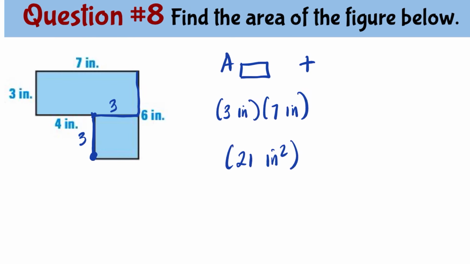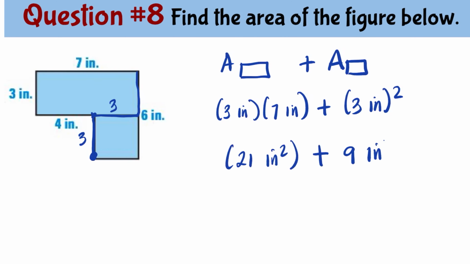That's why the remaining is 3. So it is a square. And to calculate for the area of a square, we can just do side to the second power. So that is 3 times 3. And that gives us 9 inches square. So 21 plus 9 will give us 30 inches square. That's the total area of this shape.